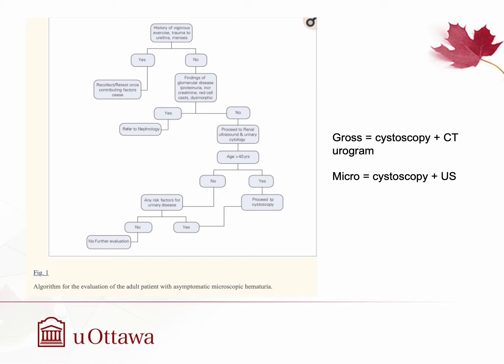Again, if none of those exist, then we go down the pathway to investigate the hematuria. Generally speaking, evaluation of hematuria involves an upper tract assessment as well as a lower tract assessment. In the setting of gross hematuria, this would require a cystoscopy for the lower tract assessment with a CT urogram. For microscopic hematuria, we generally would perform a cystoscopy as well as an ultrasound.